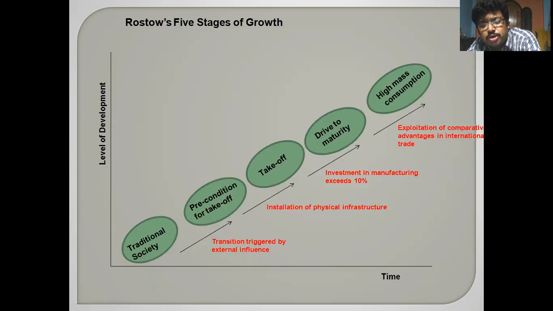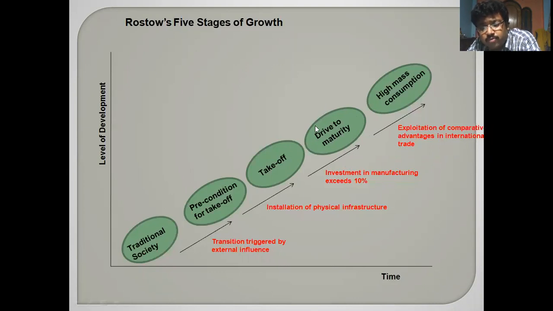Some 10 to 20% of the national income is steadily invested here. In this stage, the economy finds its place in the international economy. Goods formerly imported are produced at home.